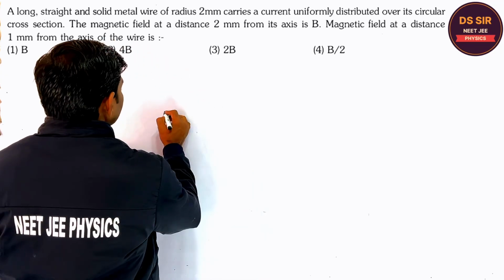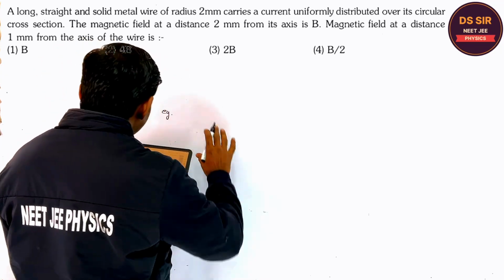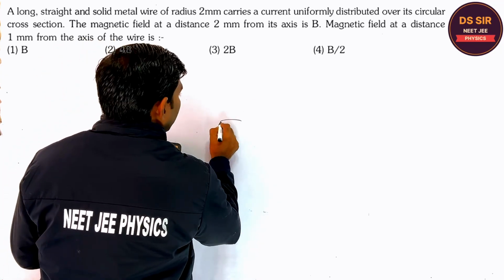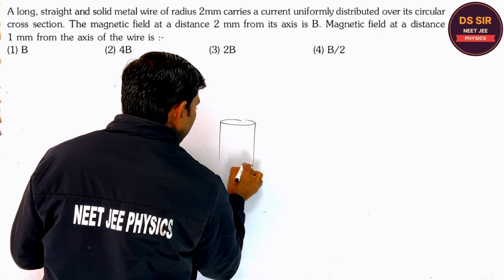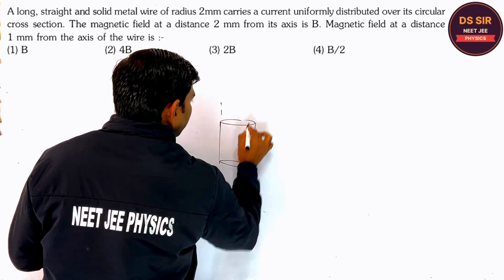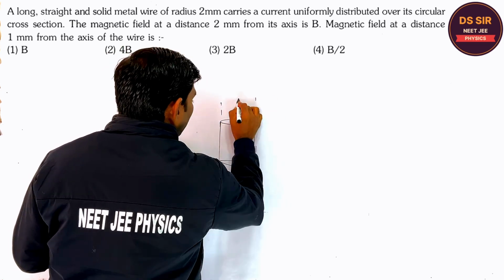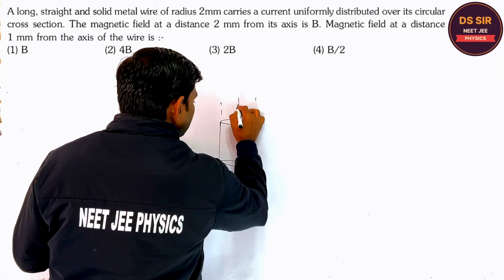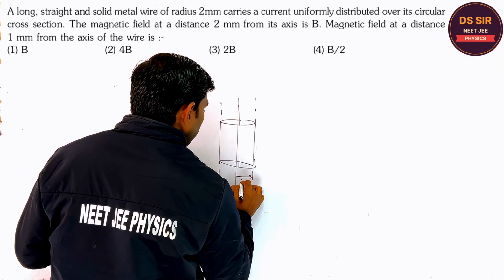So read this question. In this question, a long straight solid wire, and it is an infinite wire, no doubt. Its radius is 2 millimeter.